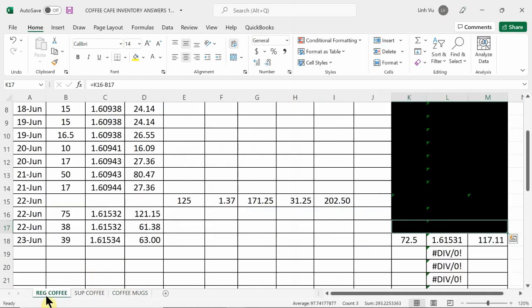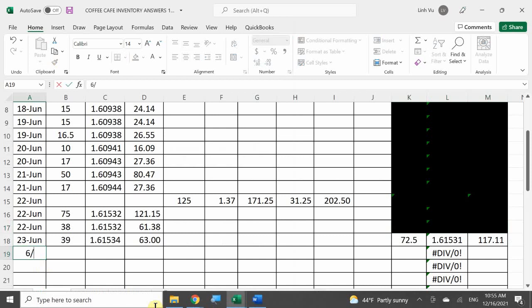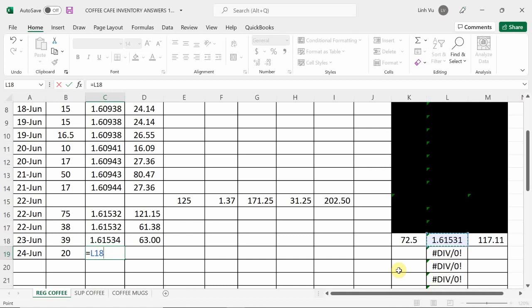So, regular coffee, 20 pounds at $1.61531. What is my total cost of goods sold if I sold 20 pounds? 32.31.